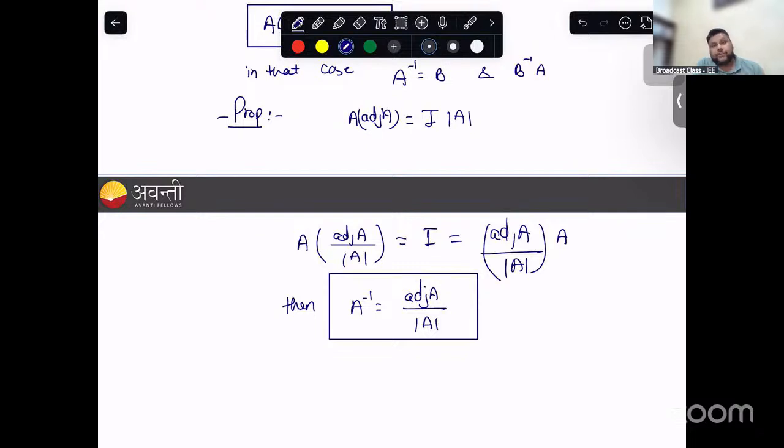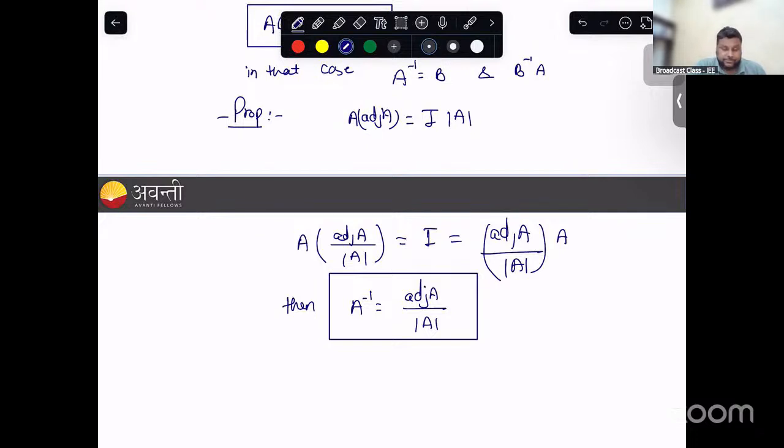Now, getting adjoint you already know. Getting determinant of A you already know. In matrices, there is no particular process of division. We can add two matrices, we can subtract two matrices, we can multiply a matrix by a scalar. We can even multiply two matrices, but we cannot divide two matrices. We just call them reciprocals of each other.